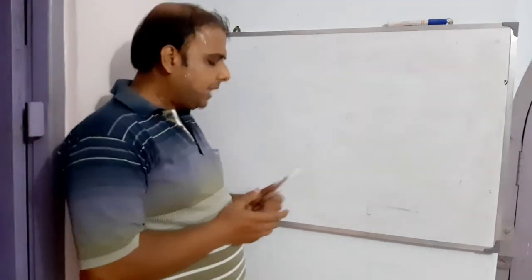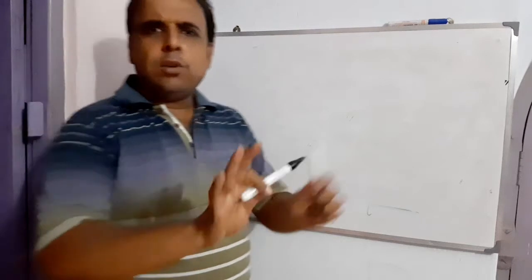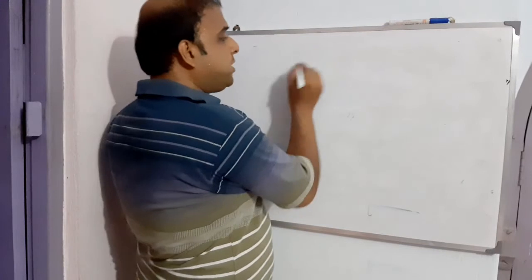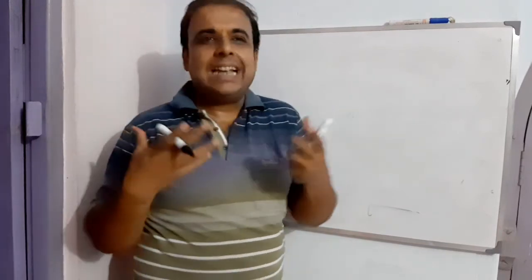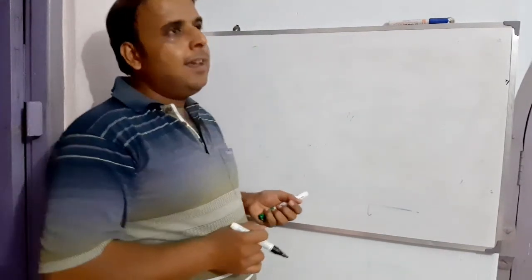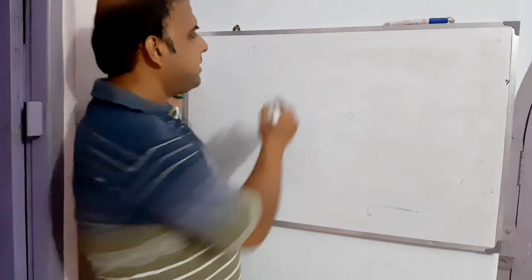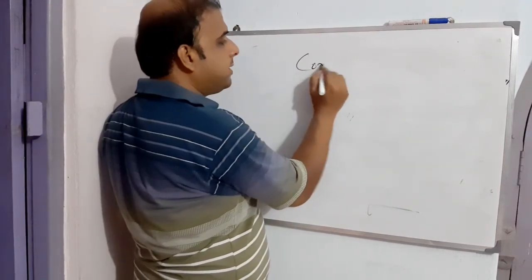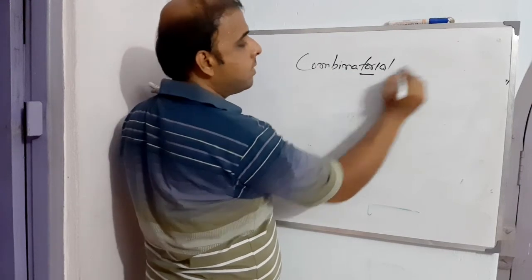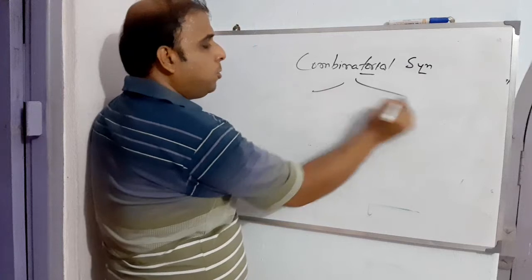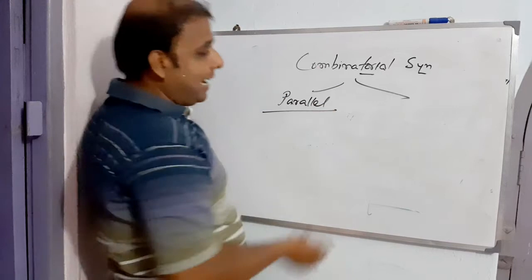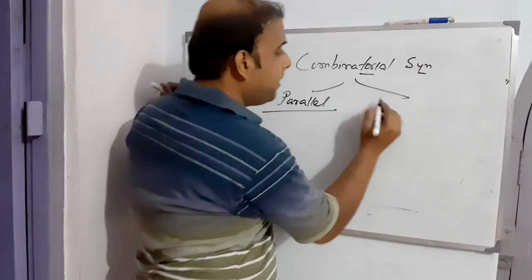Now, we all know what is happening in combinatorial chemistry. Now, if we deal with the classification of combinatorial chemistry, the classification says that combinatorial synthesis can be broadly classified into 2 types: one is parallel combinatorial synthesis, and the other one is mixed.